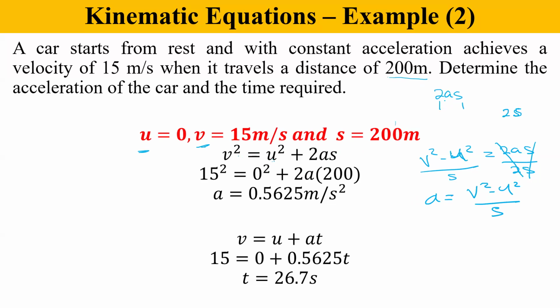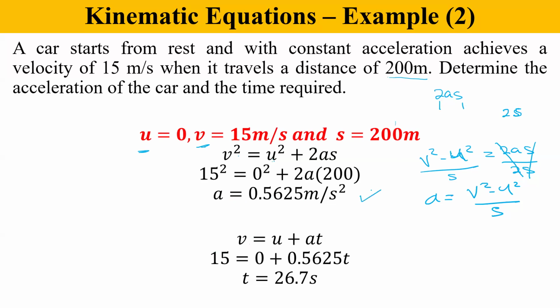The only way you separate a product is by division. Remember that's a product, which is 2a, a constant, times a variable, s. So you have to take out the 2 and the s and separate it. From that, you simply put in the values and you will get your acceleration.